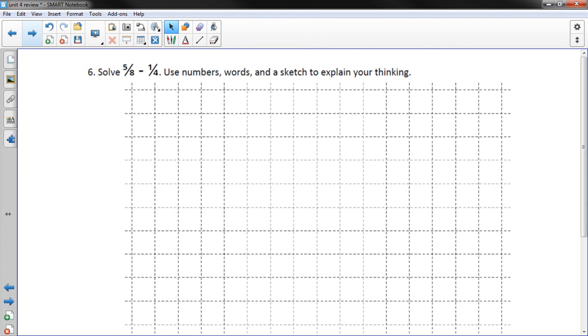6. Solve 5/8 minus 1/4. Okay, subtraction problem. The important thing is 5/8. Students are going to quickly try to make an egg carton which holds 12 eggs, and that's going to be difficult to do because of the number 8 on the bottom of the fraction. The denominator is 8.